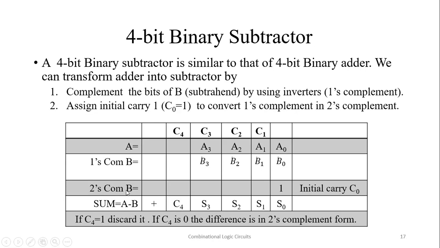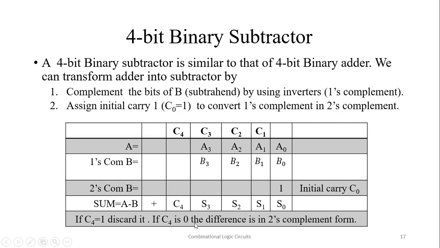To compute the 2's complement of B and add, when they are added we get S0, S1, S2, S3, and C4. So the sum is equal to A plus the 2's complement of B, which equals A minus B. If C4, the last carry, is 1, we discard it.